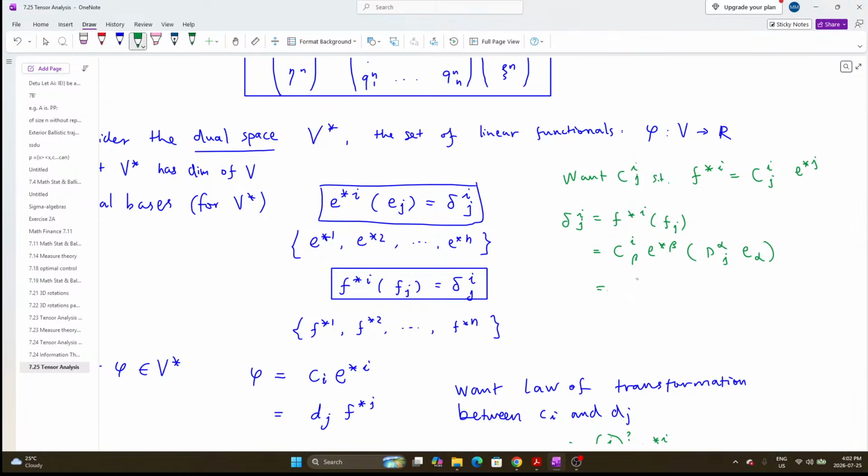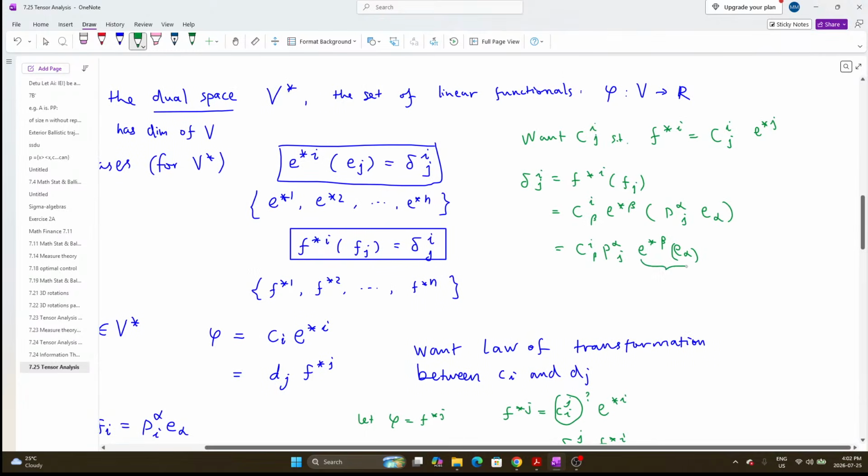Okay, so that's cool. And then use linearity. C i beta P alpha j is e star beta e alpha. So this is the Kronecker delta, delta beta alpha. Swap the index, you get C i beta P beta j.